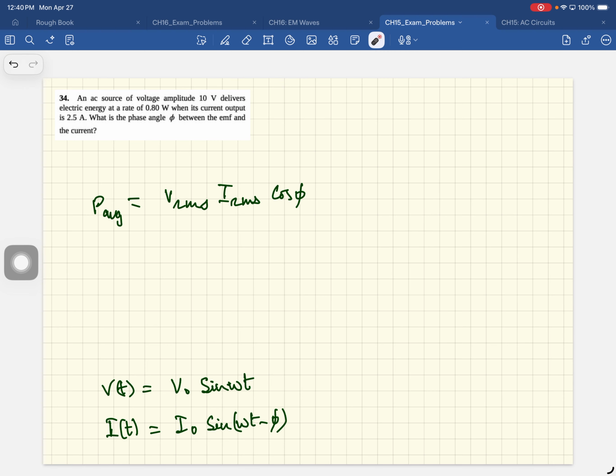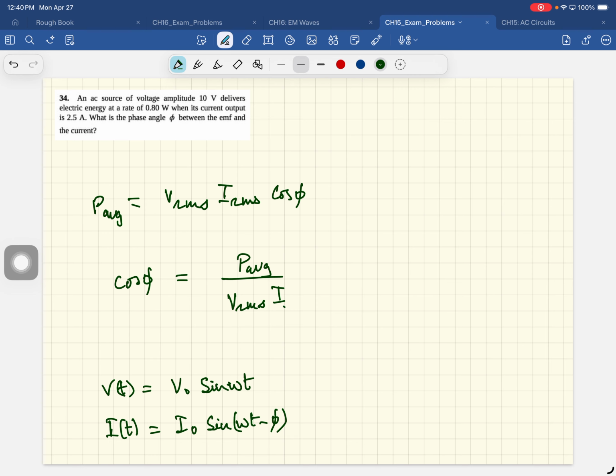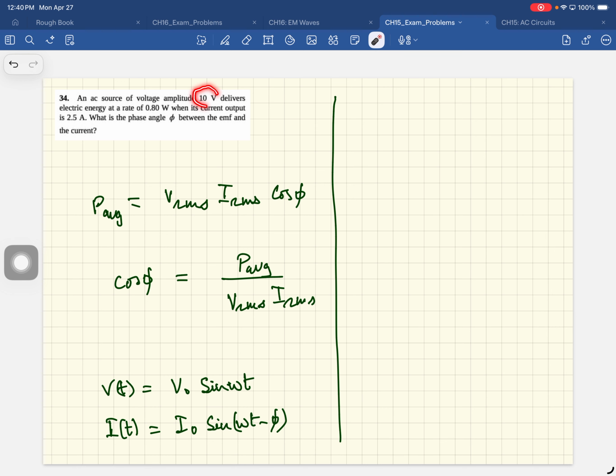All right, so when its current output is, okay, so cosine phi is P average over Vrms over Irms. And these are maximum values. That's Vmax, and this is Imax.